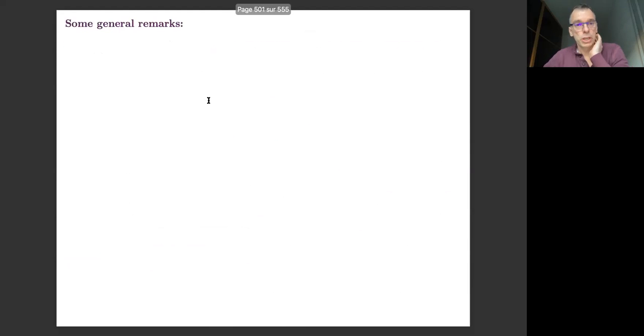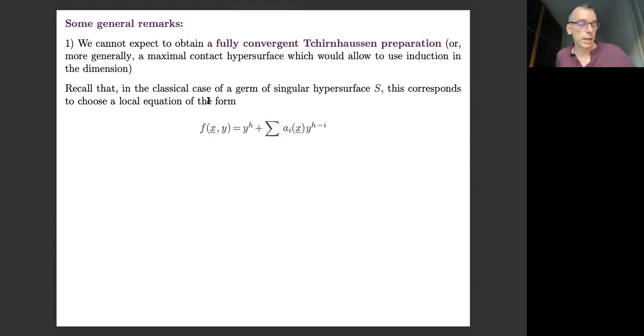Okay. So some general remarks. I think I can use this two-dimensional situation to illustrate some interesting phenomena, which show that it's somehow more difficult to desingularize vector fields than to desingularize, let's say, a function or ideal sheaves.